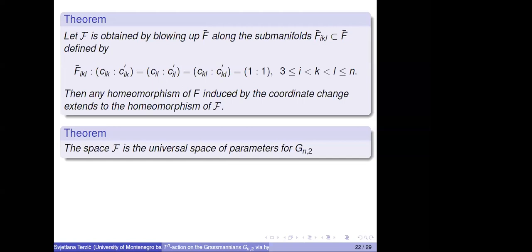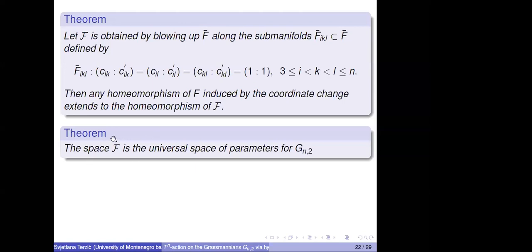In other words, this assignment will not depend on the choice of the chart for the stratum we consider.